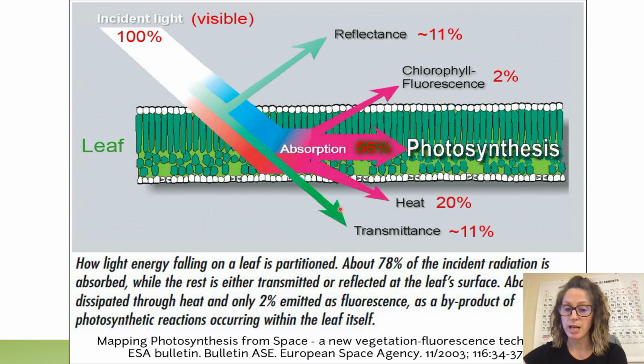About 11% goes right through the leaf and does nothing. 20% gets released as thermal energy. So this 20% and this 2% was outcome number 1. And then we get 56% approximately being used in photosynthesis. And that's actually the use of outcome number 2 and 3, which we will talk about.